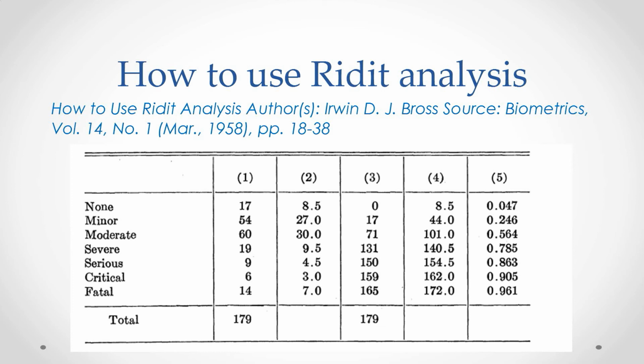The ridit analysis is summarized in this table. So, columns 1 to 4 denote the frequencies which are required to calculate the ridits, and finally the entries in column 5 are the ridits corresponding to the categories none, minor, moderate, severe, serious, critical, and fatal.